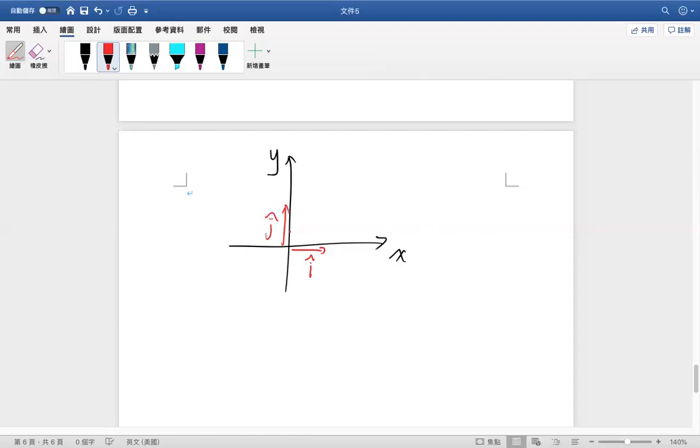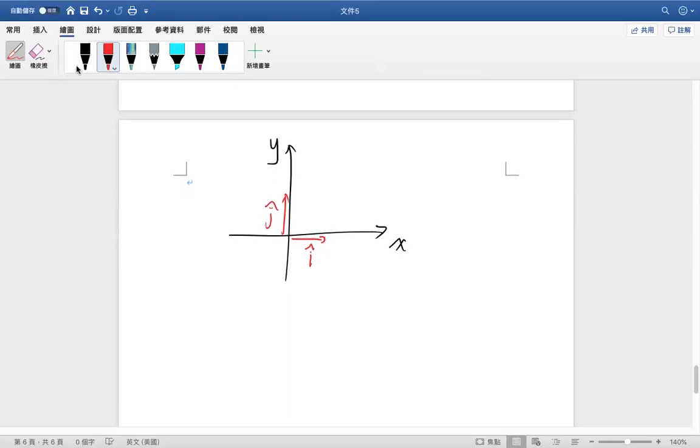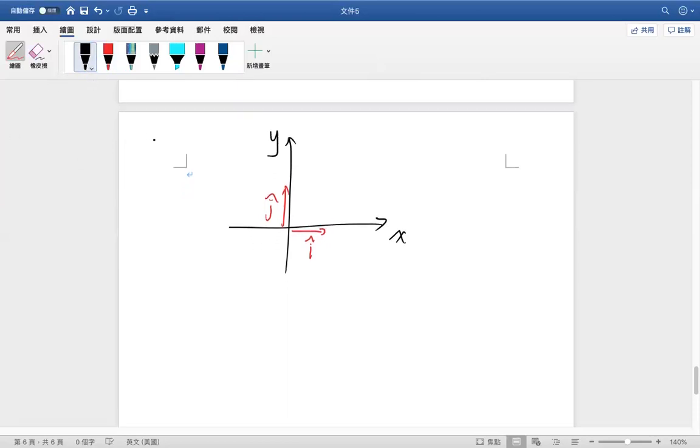It is my habit to write it as i hat or j hat because they are special vectors, so I tend not to use the arrow sign. I will use the hat to denote them. Is that okay?